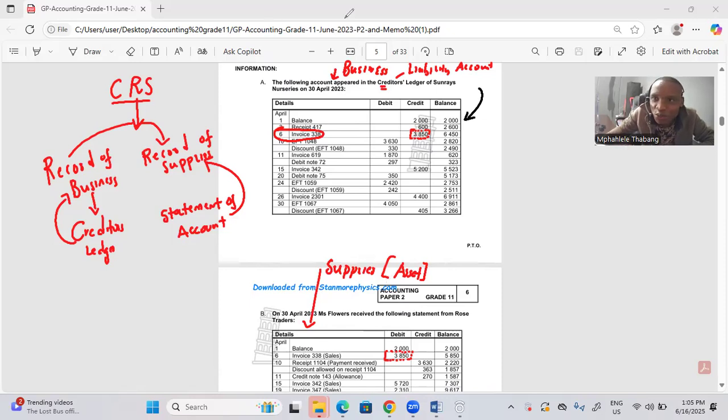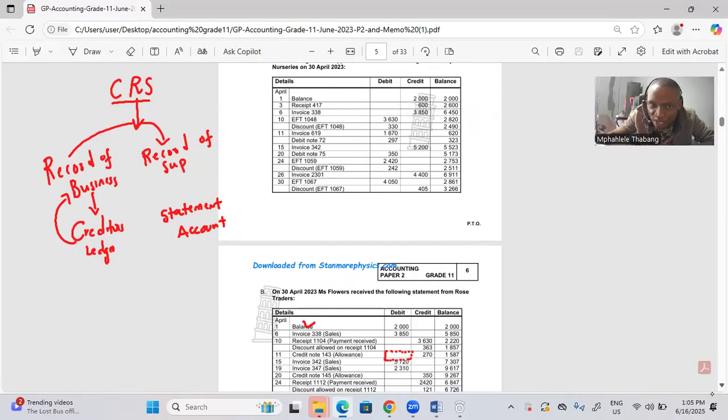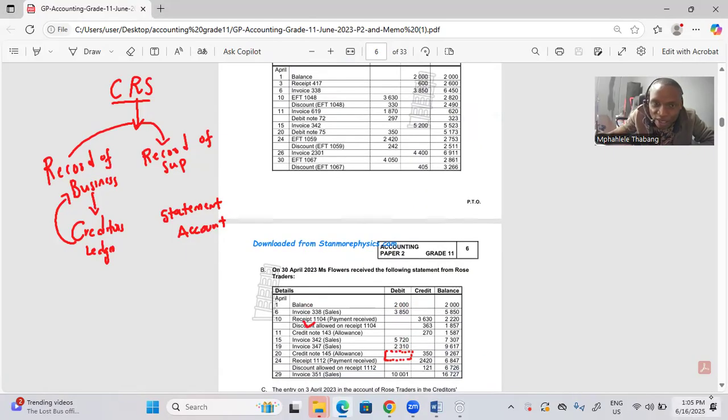So let me do this. I'm going to erase everything and then start comparing. Remember, I told you that the creditors reconciliation statement starts by comparing the creditors ledger with the statement of account. So I'm going to compare the credit side of the creditors ledger with the debit side of the statement.